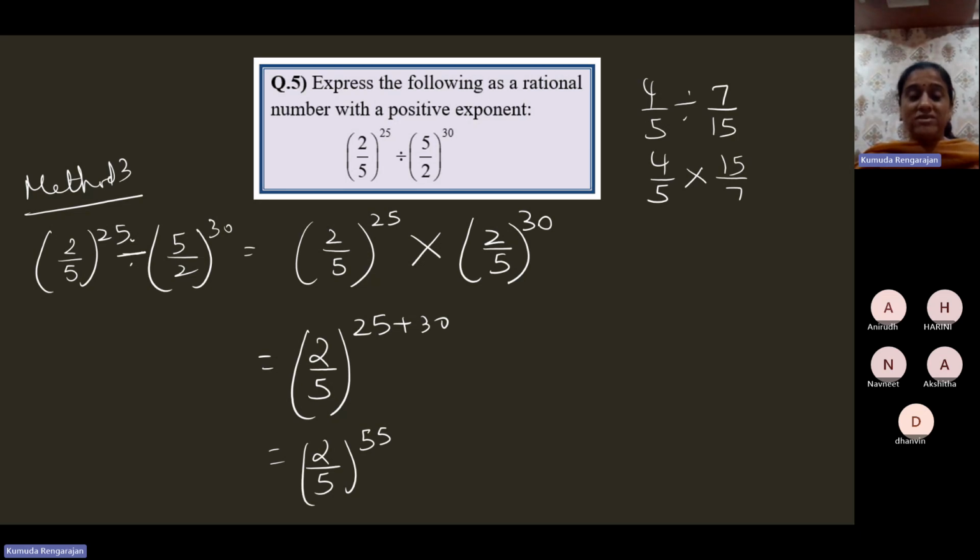Since the base in the first one is 2 by 5, you need to have the same base for the second one. That's how you go about. And then it looks like bases are same, multiplication. So you add the powers. And there you are, you've got the answer.